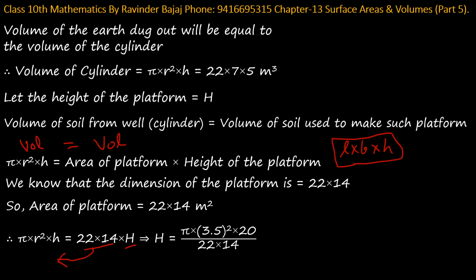So h is equal to pi r square, what is the value of r? 7 by 2, so 3.5 square into 20. On cancellation and solving, we will get the value of h. So h is equal to 2.5 meter. This is the answer. You can solve this very easily.